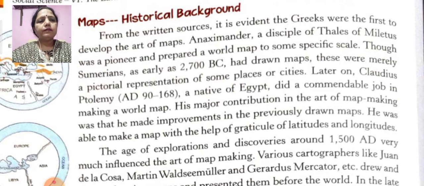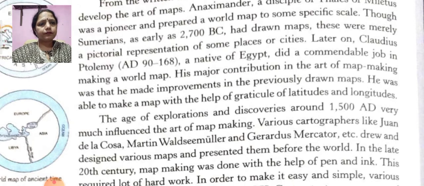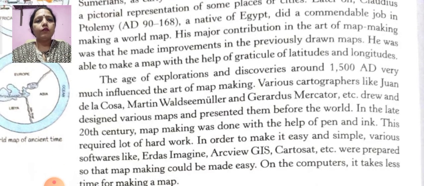Anaximander, a disciple of Thales of Miletus, was a pioneer and prepared a world map to some specific scale. And later on, Claudius Ptolemy, a native of Egypt, did a commendable job in the making of the world map.